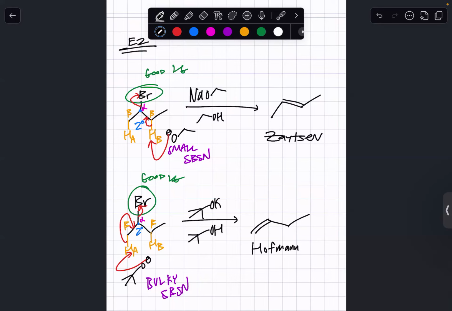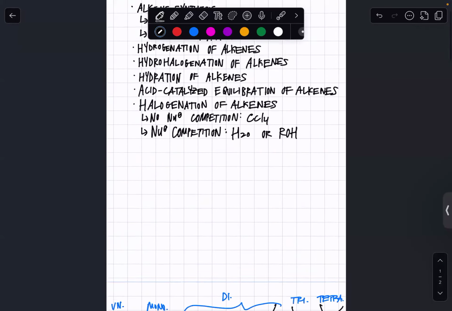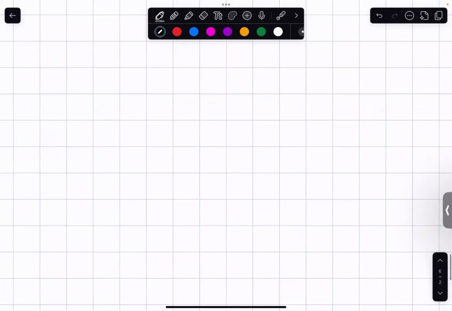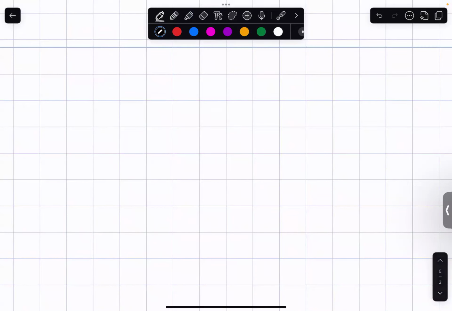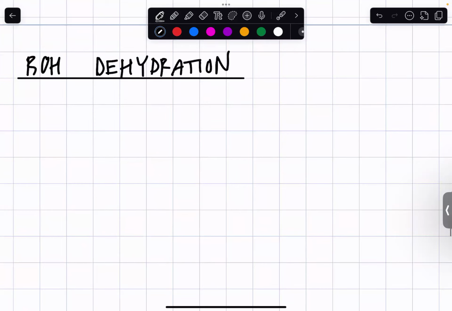Okay. So now let's go on to alcohol dehydration, which is another way to create alkenes. And I'm going to show you that through a chart. Alcohol, which I'm going to abbreviate as ROH, dehydration is going to have an alcohol, ROH, plus a non-nucleophilic acid.